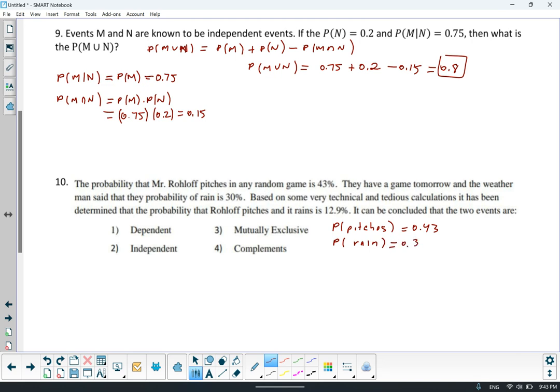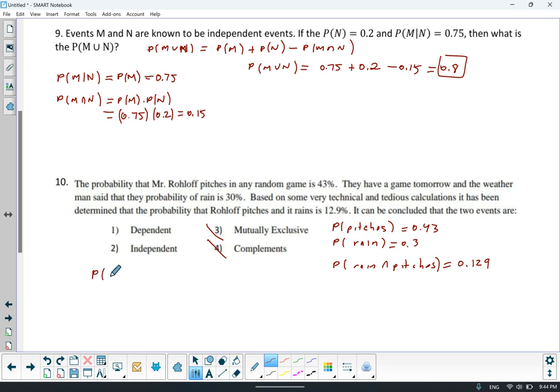And based on some really crazy calculations, the probability that it rains and the guy pitches is 0.129. So, first of all, what can I conclude? Well, the events are not mutually exclusive, because if they were mutually exclusive, this joint probability would be 0. They're not complements of each other, because that would have to add to 1. So we're either going to show that they're independent or not independent.